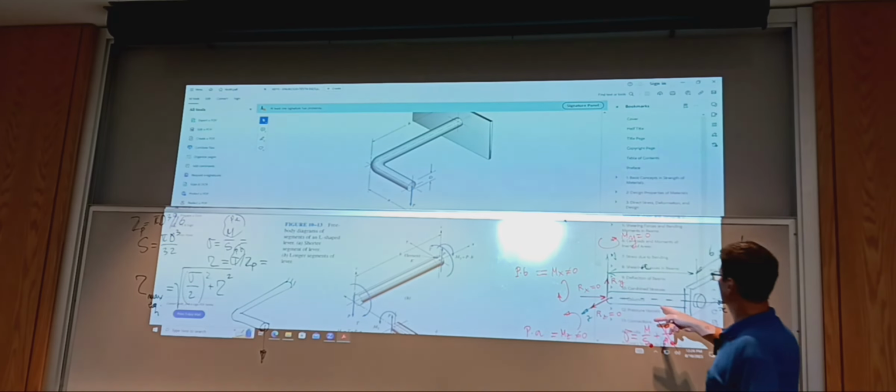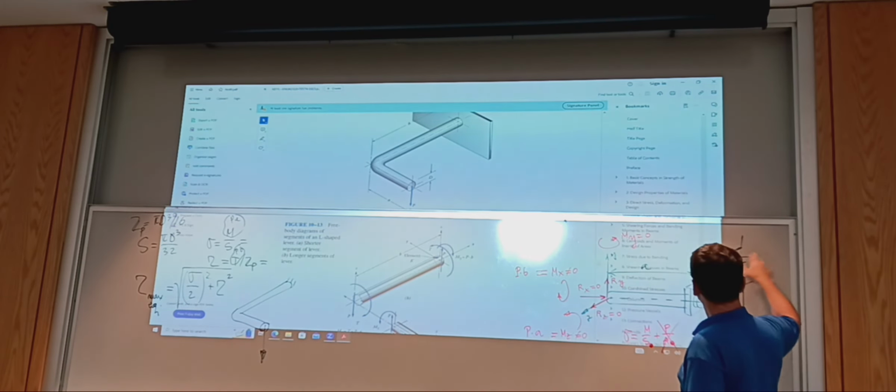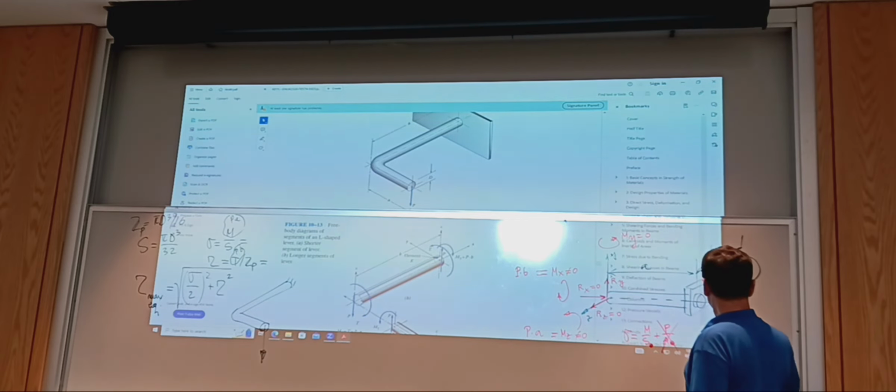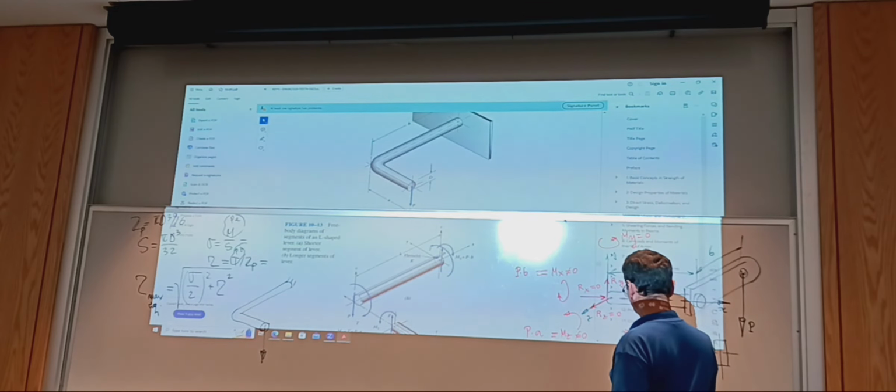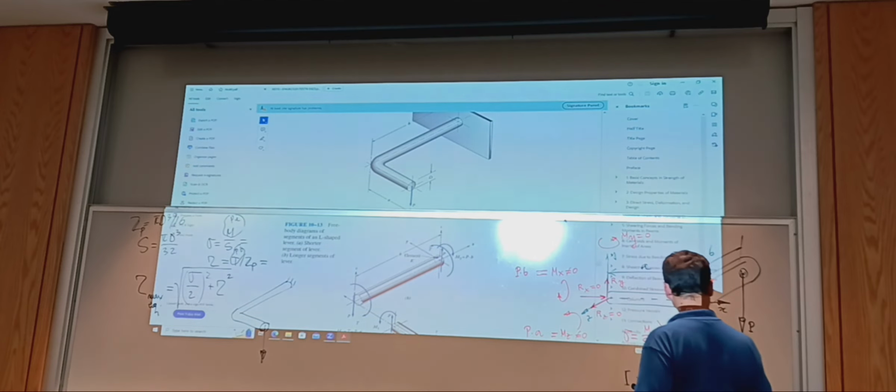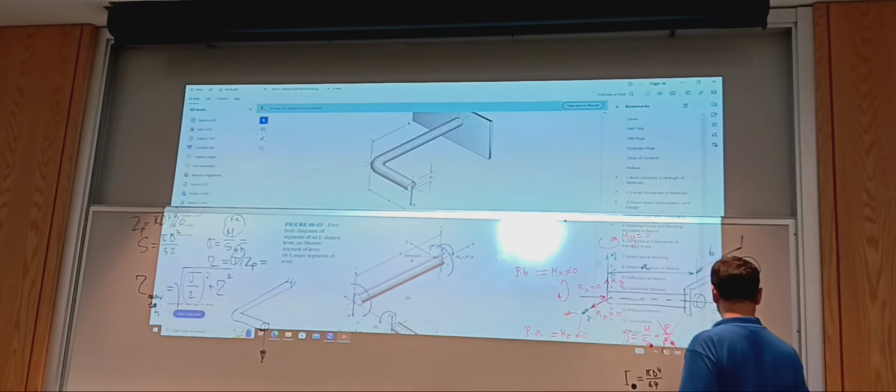For the rectangle, you would need to assume, instead of the area moment of inertia for a solid, I equals pi diameter to the power 4 over 64, the I for a rectangle.